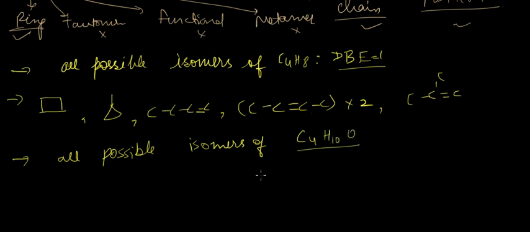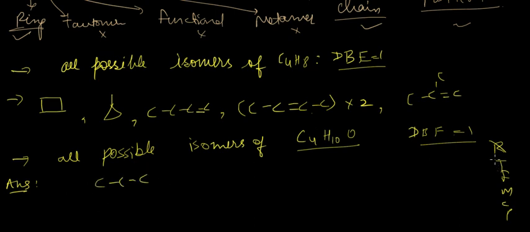C4H10O. If you calculate DBE, it would be 1. So no RTFMCP, no ring chain. Whether it has tautomers or not, we'll find it out, but definitely it is having functional groups.